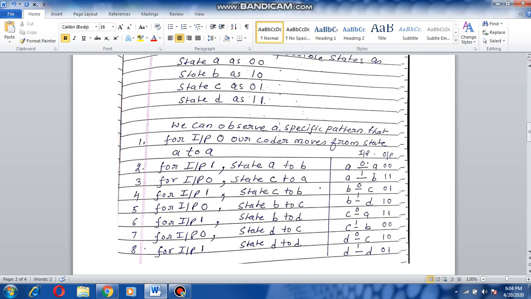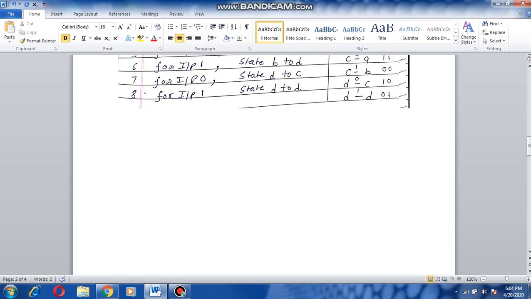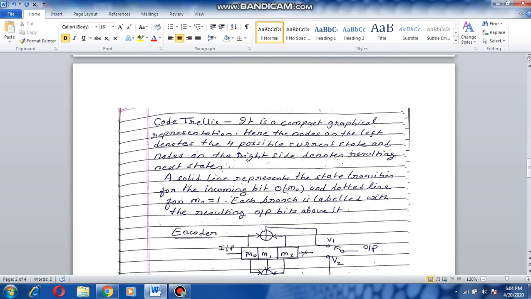On the right hand side you can see that the encoder changes the state from state A to state A when the input bit is 0, and from state A to state B when the input bit is 1. Similarly, the machine moves from state B to state C when the input bit is 0, and B to D when the input bit is 1, and the output is written at the last. Now these entries we have to remember for drawing the code trellis.